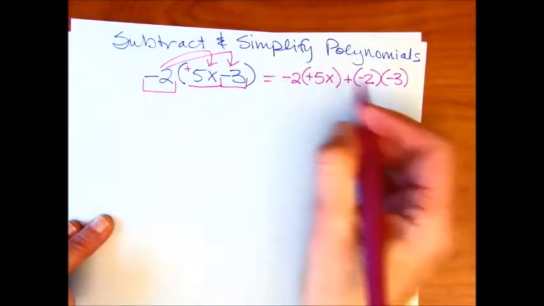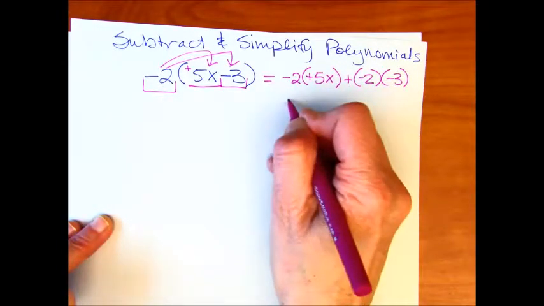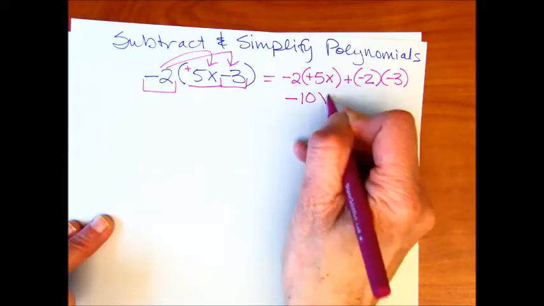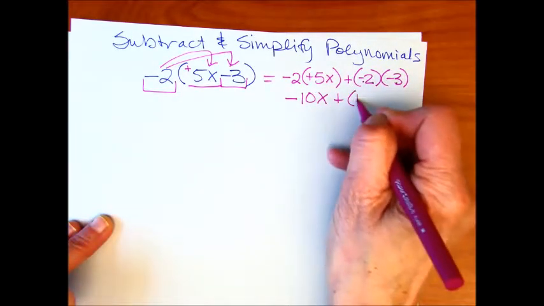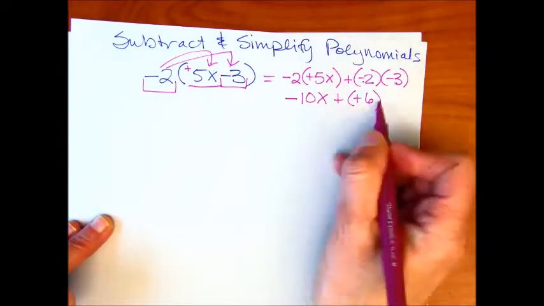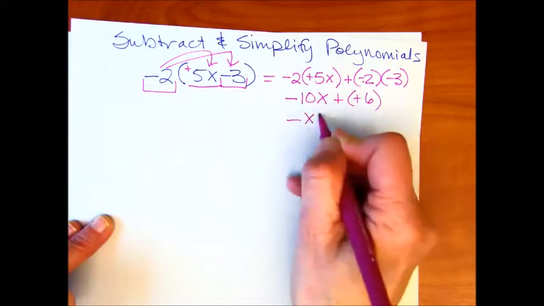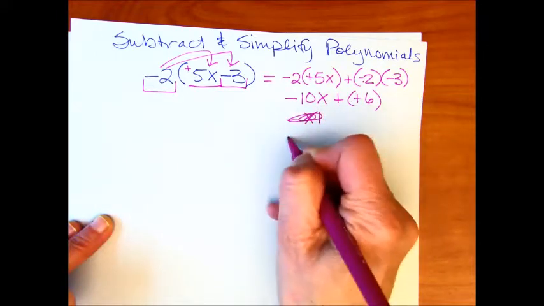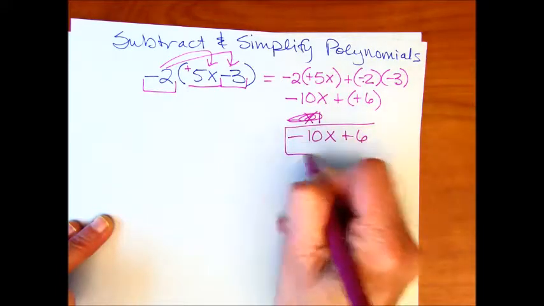And then of course we would simplify that, or do the multiplication. So we've got -10x, and this is going to be a positive 6, and we could always rewrite it so it doesn't look funny like that: -10x plus 6.